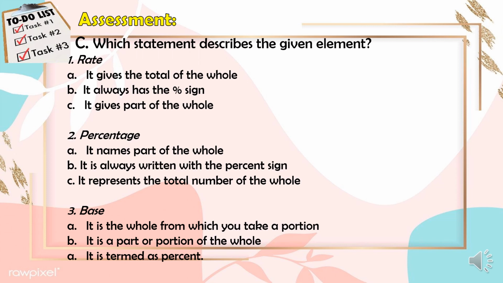B, it is always written with the percent sign. Or C, it represents the total number of the whole. For number 3, we have the base. A, it is the whole from which you take a portion. Or B, it is a part or portion of the whole. And C, it is termed as percent.